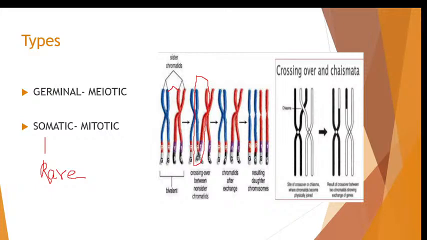See, a red chromosome is undergoing recombination here at this part. So the capital letter R is undergoing recombination. As a result, what happens? Here there is an exchange, or a change in the chromosome combination.